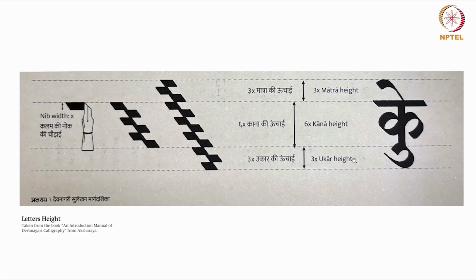But this is not fixed. It can be changed depending on the requirement or the style you want to design. Clear? So if this is x, then this will become 6x, and this 3x and 3x. So 3:6:3.